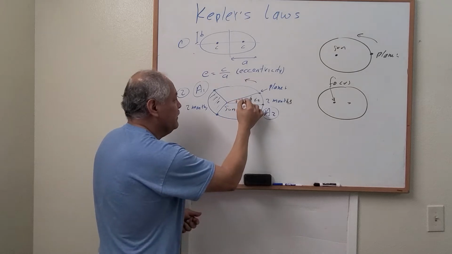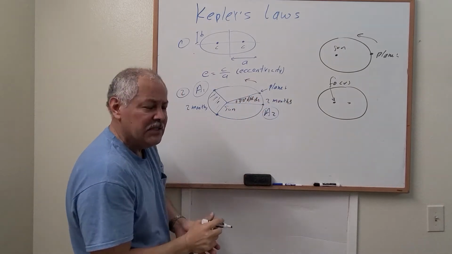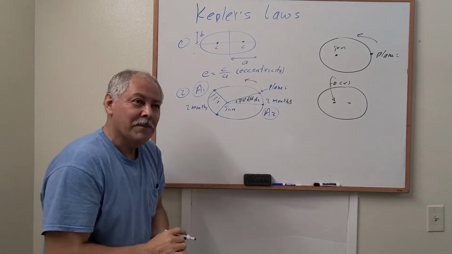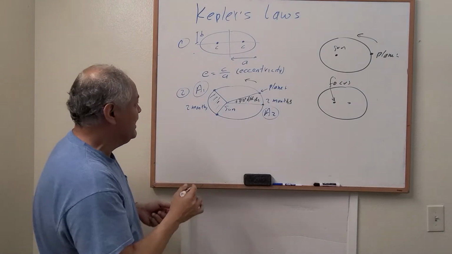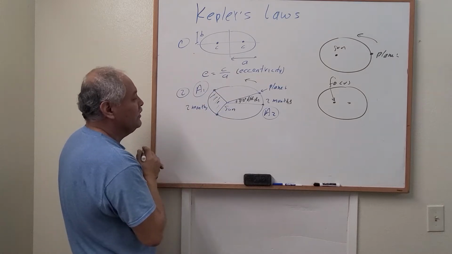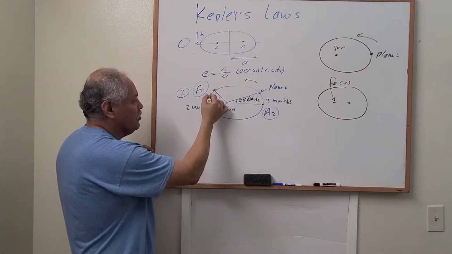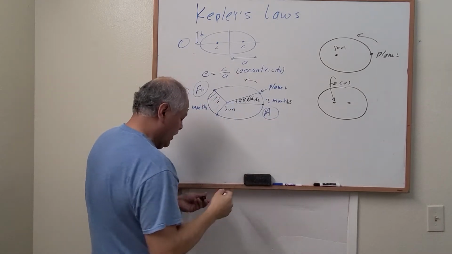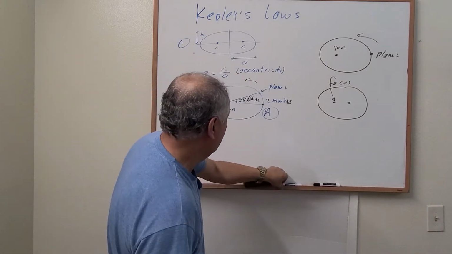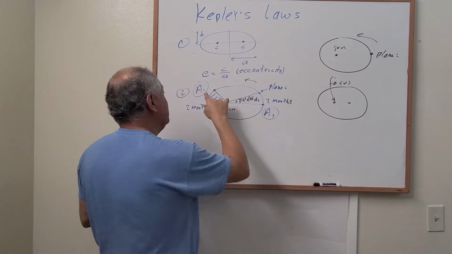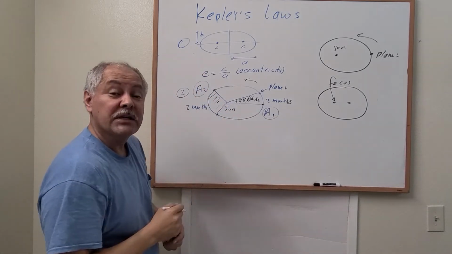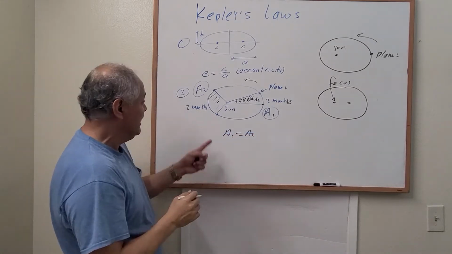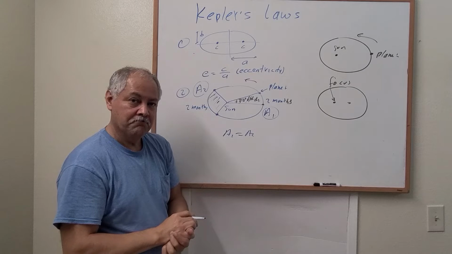Let's go to another 2 months, in a different part of the path. Imagine now the planet is right here, and then in 2 months goes from here to here. Now let's find the area. If we call this area 1 and this area 2, this law says that area 1 must be equal to area 2. The times must be the same.